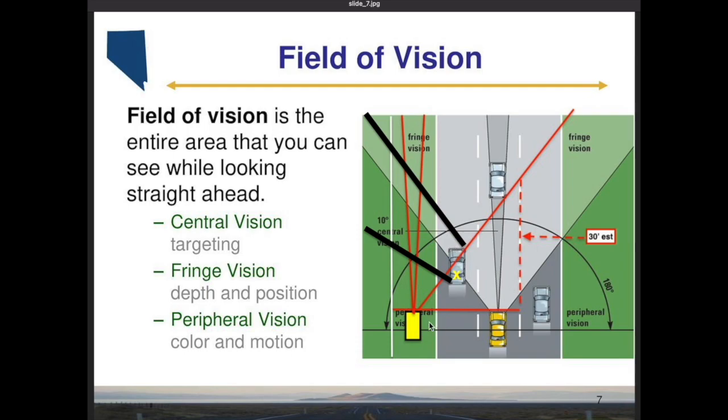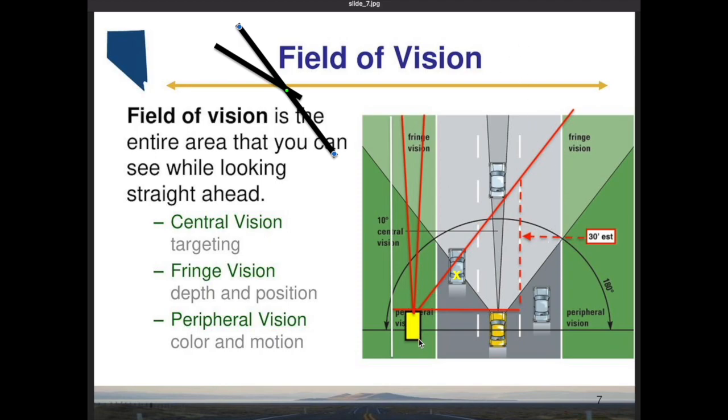And then again, I put this additional lane here. Let me pull these off. I went ahead and put the additional lane and the additional yellow car to try to give you a sample of the wider your road, the more peripheral vision you have on what's going on in the furthest lane over here.